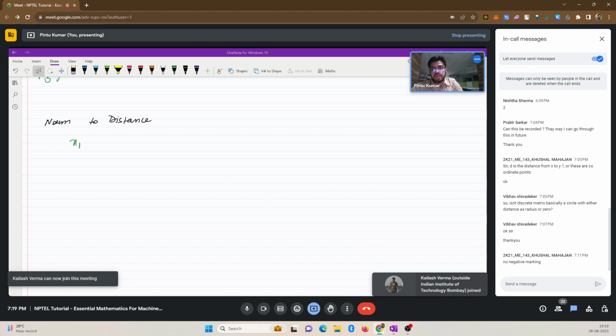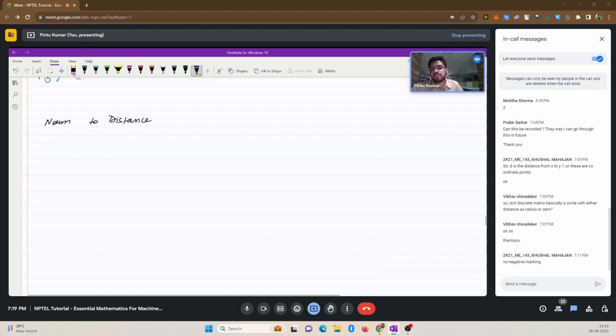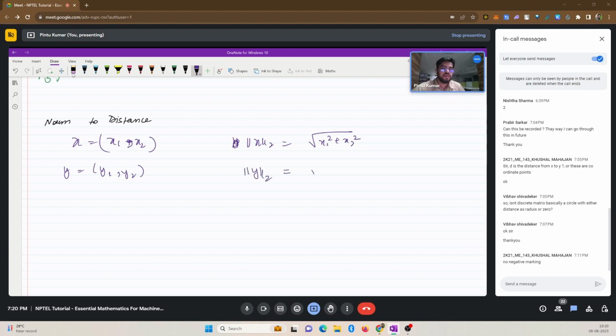If you have some x equal to x1, x2, then what is the Euclidean length that you use to calculate for this? That is the 2 norm. This would be x1 square plus x2 square, right? And now if you have some y, that is y1, y2, then again the norm of y would be y1 square plus y2 square.